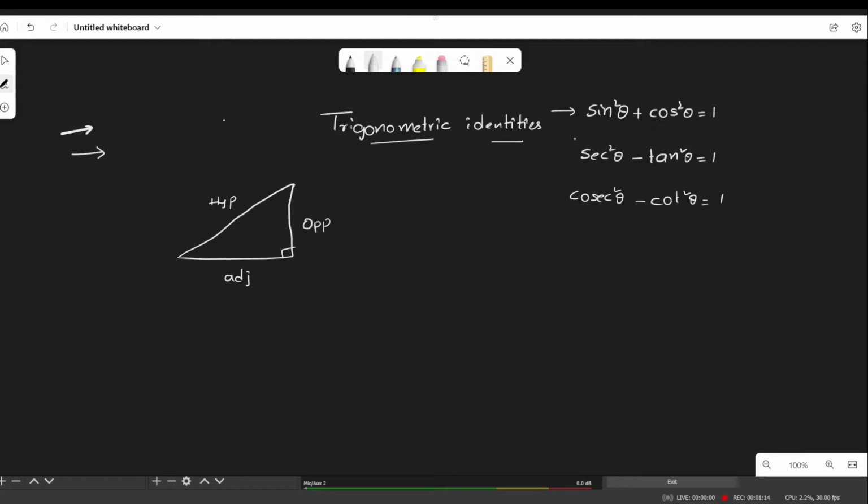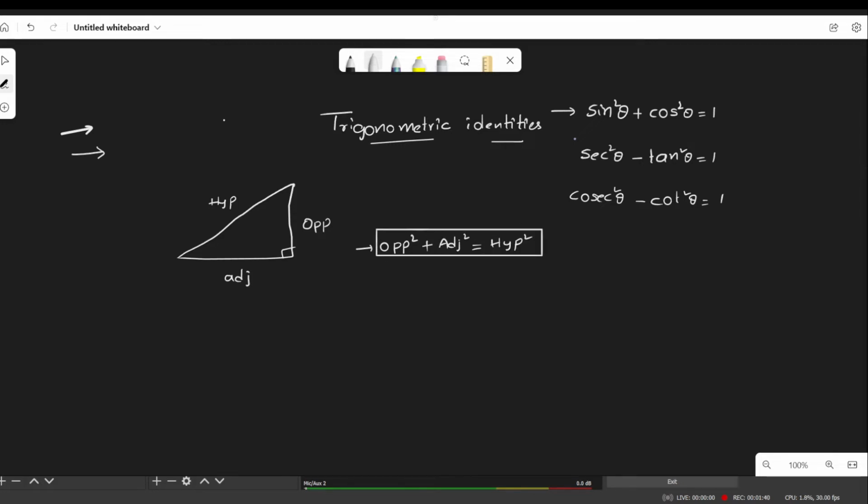And what does Pythagoras theorem say? Sum of squares of the two sides is equal to the square of the hypotenuse. That means opposite square plus adjacent square is equal to hypotenuse square, and this is the Pythagoras theorem.